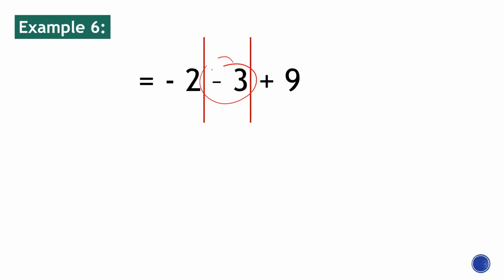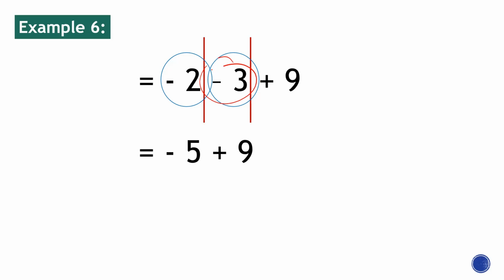Now, in algebra, you can consider that 3 as negative as well, even though I pronounce it as minus 3. So now we know that 3 is negative and 2 is also negative. Since they have the same signs, based on the rules of adding integers, we will add them. That's negative 5, since both of them are negative, and then plus 9.